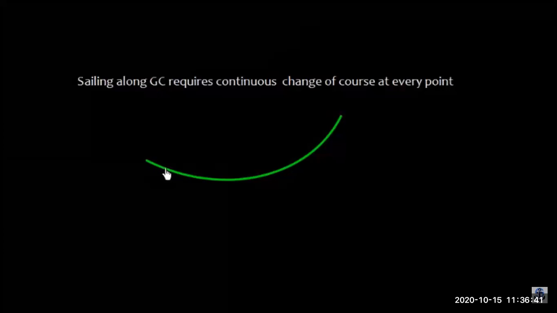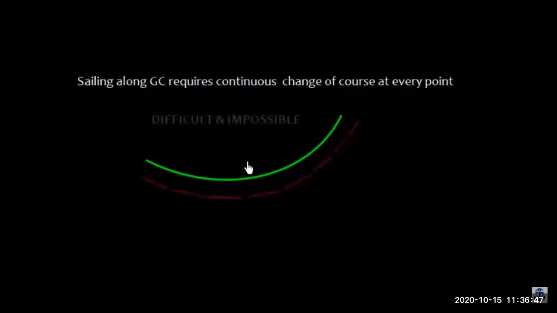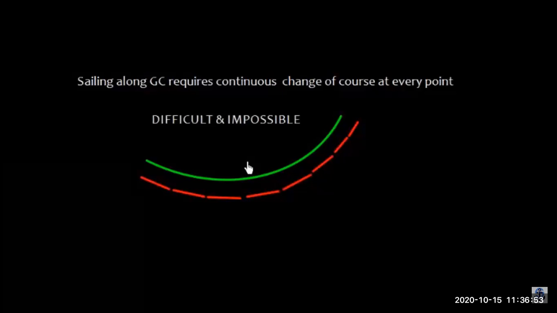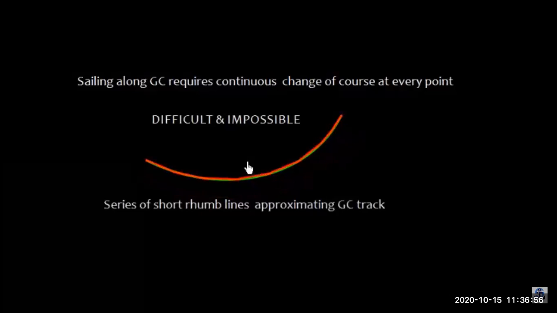But great circle requires a continuous change of course at every point. So as you can see, you need to change the course at every point. This is difficult, and we cannot change every minute or every second. So we divide this great circle into short rhumb line approximations of the GC track.